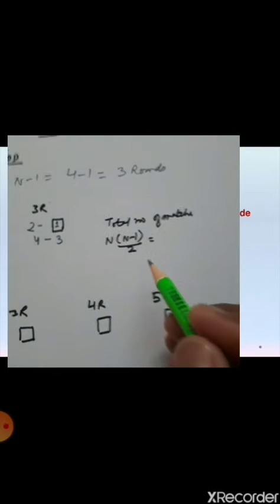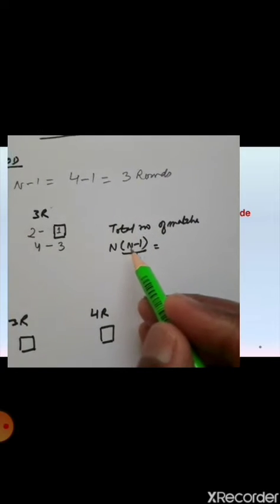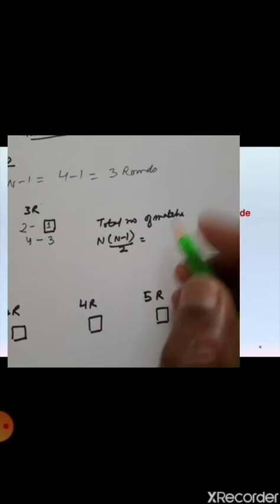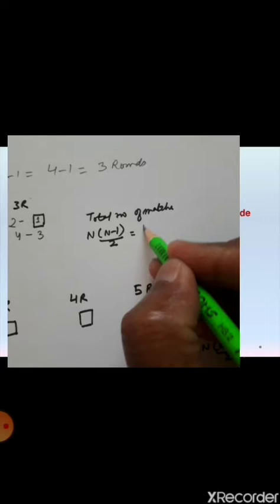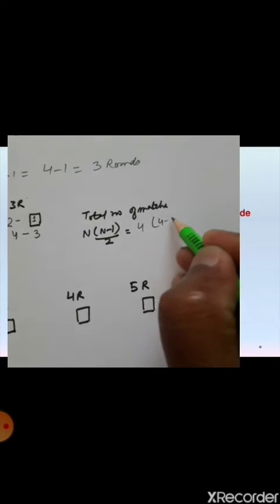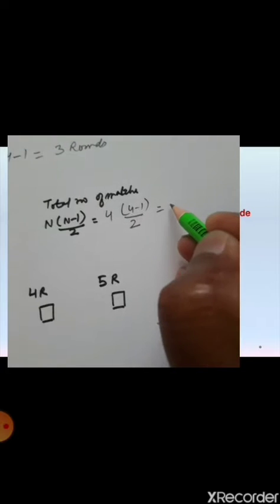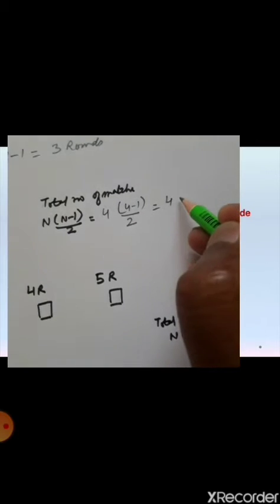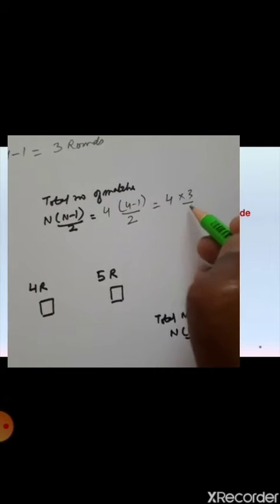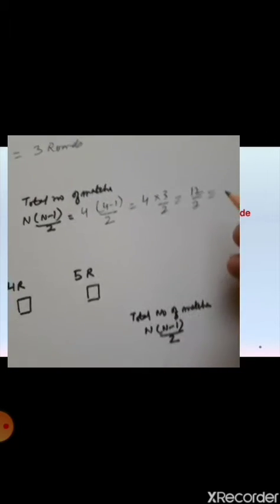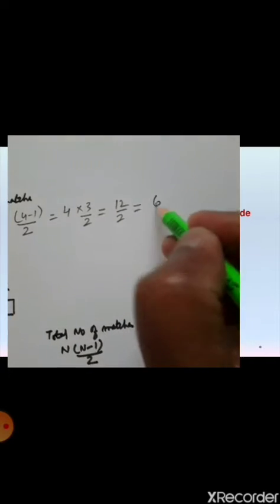Now let's calculate the number of matches. This is the method for the single league tournament. So n into n minus 1 upon 2. Let's see what n is. n is 4. So 4 into 4 minus 1 upon 2 equals 4 into 3 upon 2 equals 12 upon 2 equals 6 matches.